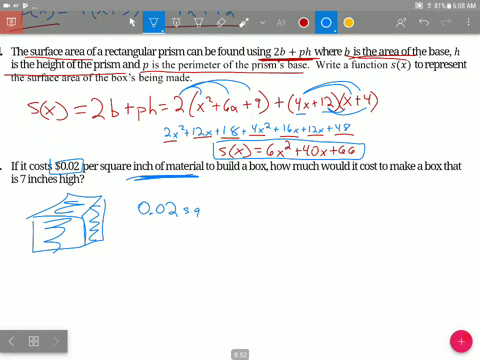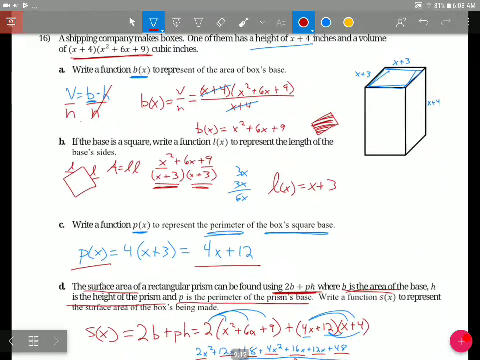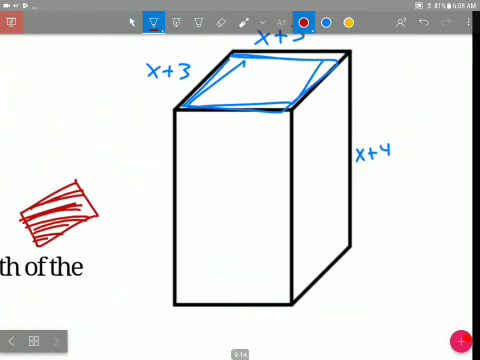Well, we've got an equation for the surface area, so we're going to go 0.02 times the surface area, that is 7 inches high. Now, that's a bit of a tricky one. In this case, x is not 7. Let's go back to the box.